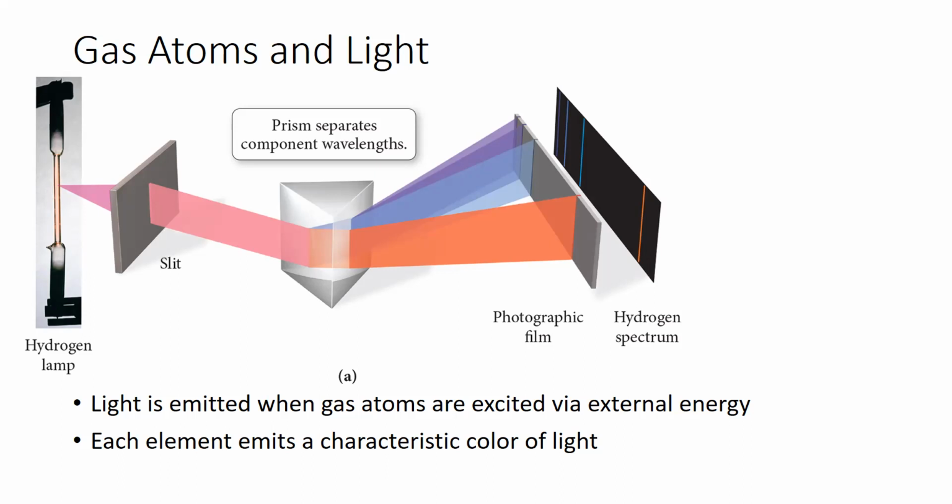Here in this image, we have hydrogen gas being excited by electricity, and when it gives off light, the light looks to us to be one color. However, if you focus that light through a slit and then separate it using a prism, you can see this light is actually made of different wavelengths of light.